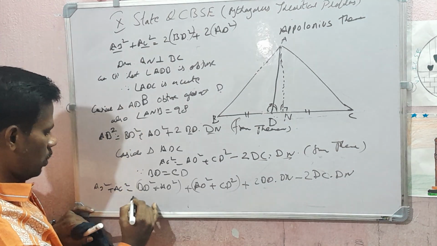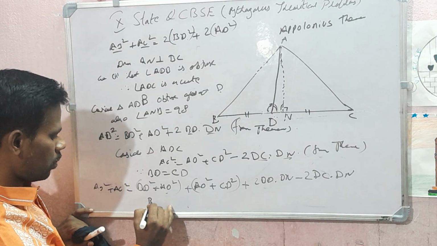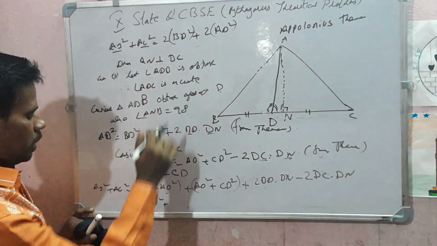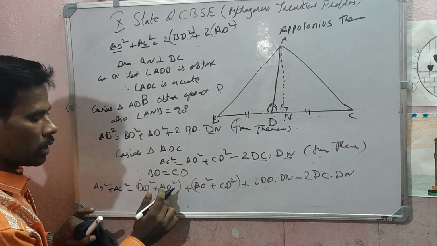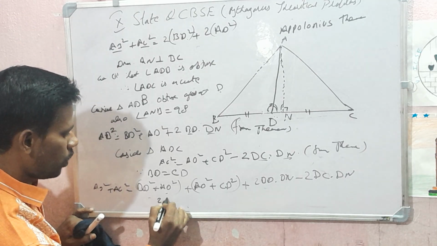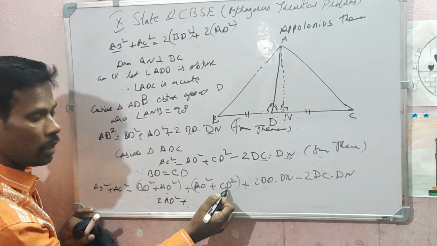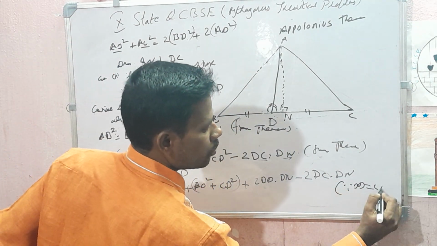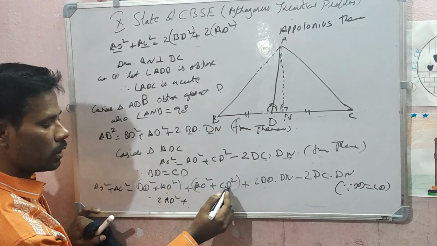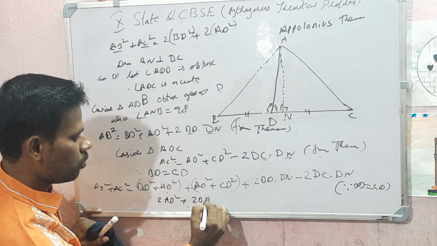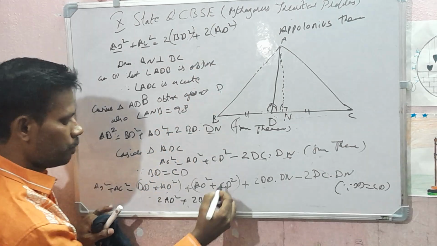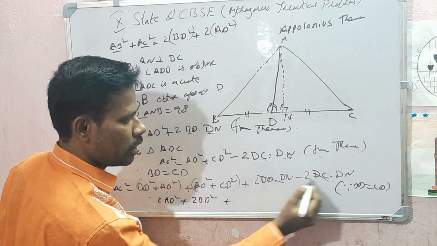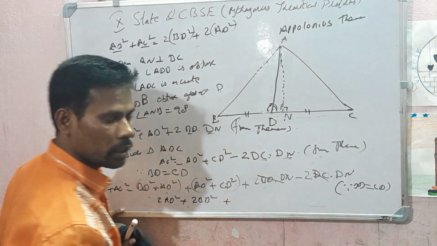Now BD square plus AD square plus AD square is twice AD square plus BD square, since BD is equal to CD. And twice BD into DN and DC into DN will get cancelled, because BD and DC are the same.